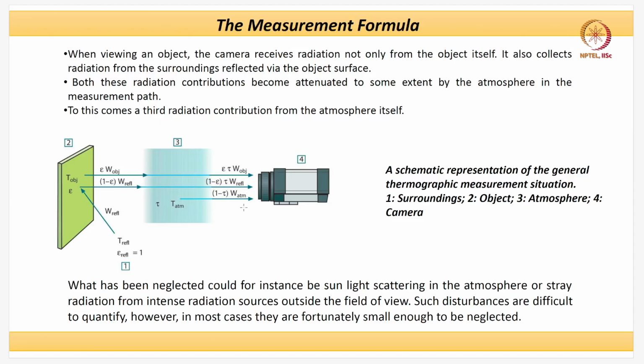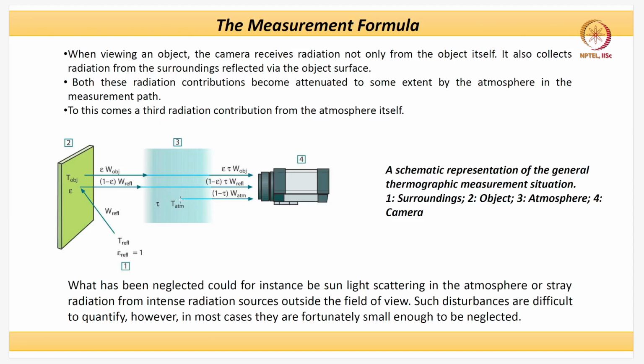And then the atmosphere also contributes something to the camera. So the camera receives radiation from basically three sources. One is from the object, which is emitted, and part of it is lost during transmission through the atmosphere, so it receives an attenuated radiation. Then it also receives some reflected radiation, because that also passes through this medium, again gets attenuated and reaches the camera.